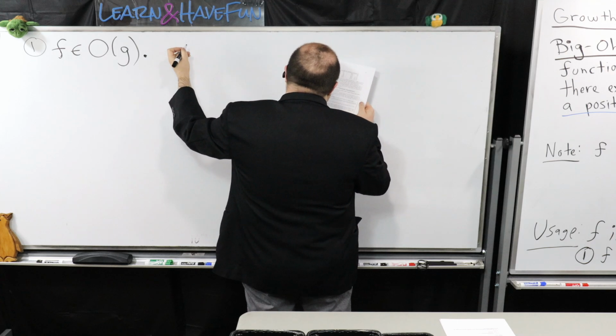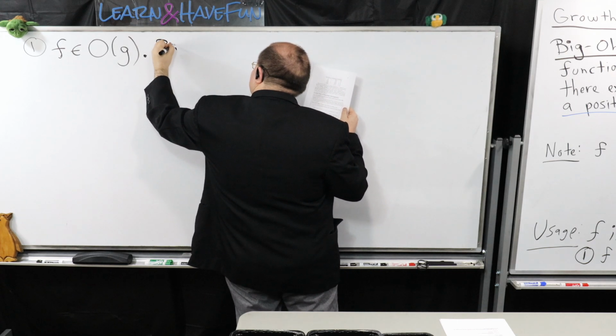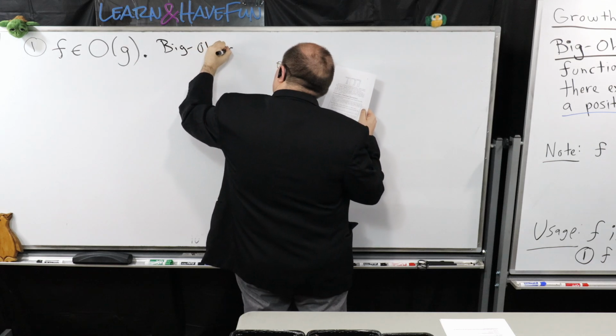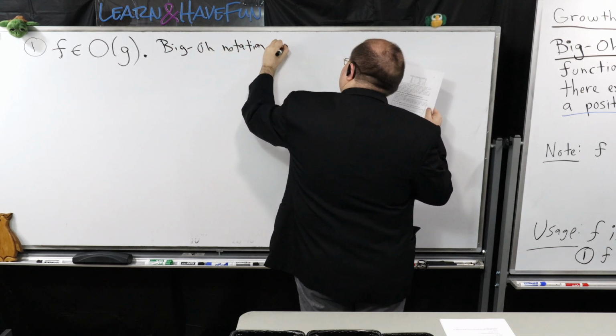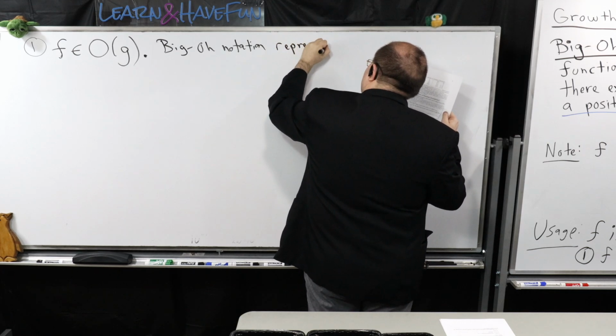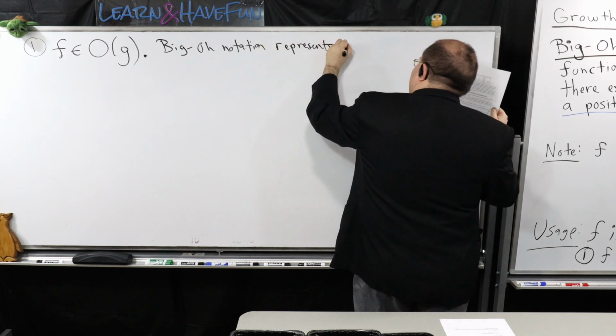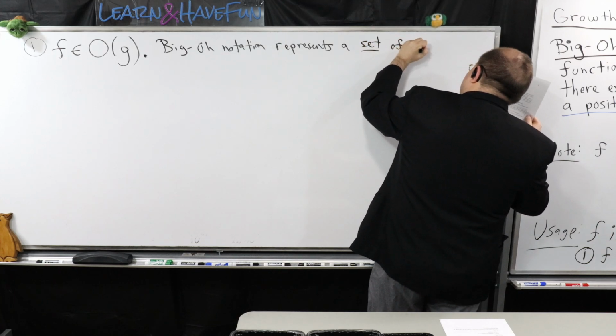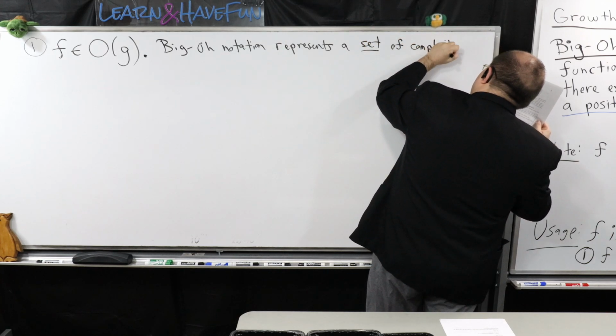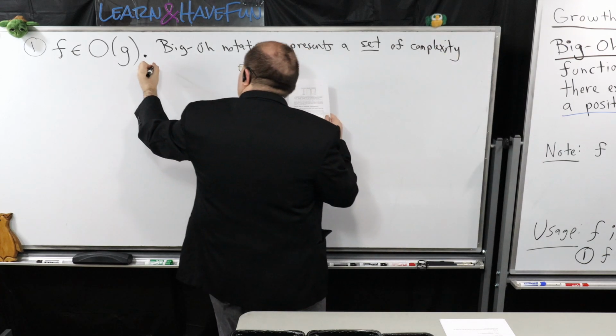So I must stress that big O notation represents a set of complexity functions.